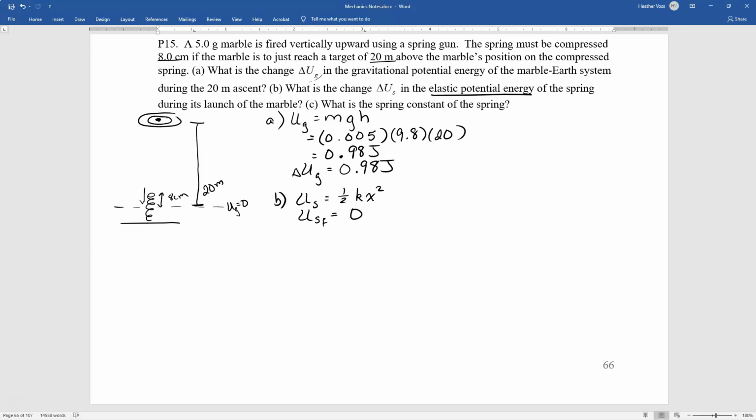What's another way I could look at this? Well, there's no non-conservative forces. So that tells me that the kinetic initial plus the potential due to gravity initial, plus the potential for the spring force initial, should equal all of the finals. We have energy is conserved. The initial energy should equal the final energy.